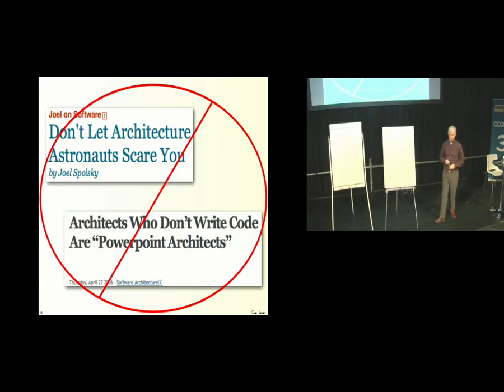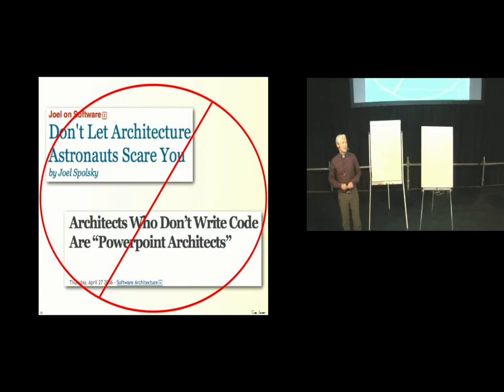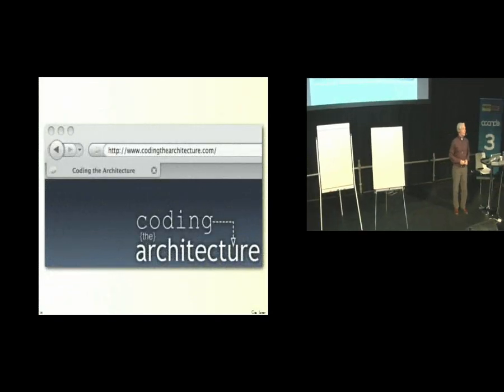So if your so-called architects are what in Canada we call PowerPoint architects, you're not going to have agile architecting, and you're not going to have an agile architecture. And so I urge you, if possible, to get rid of PowerPoint architects and hire and establish a culture of coding the architecture.